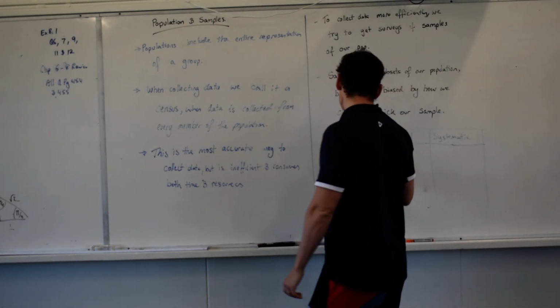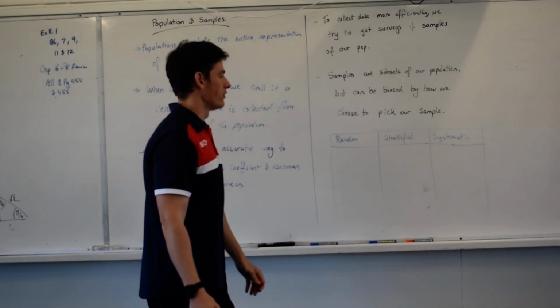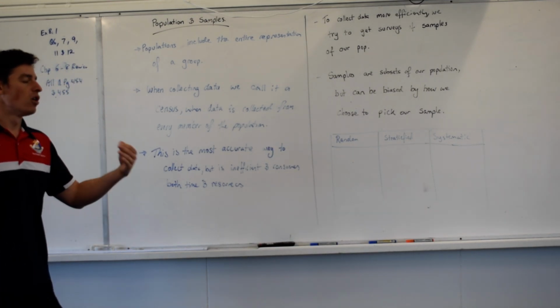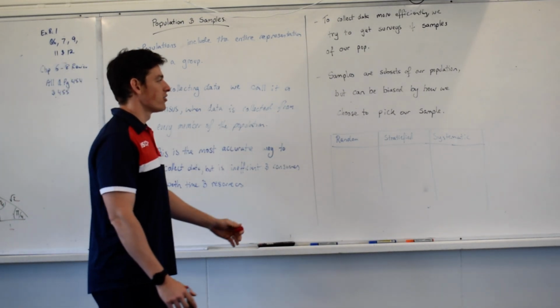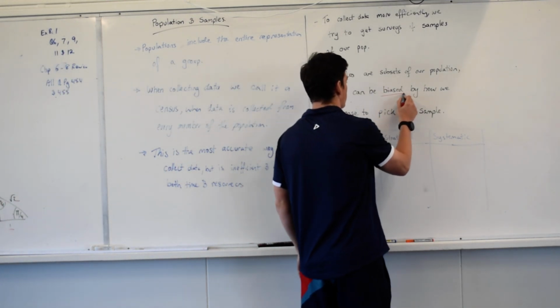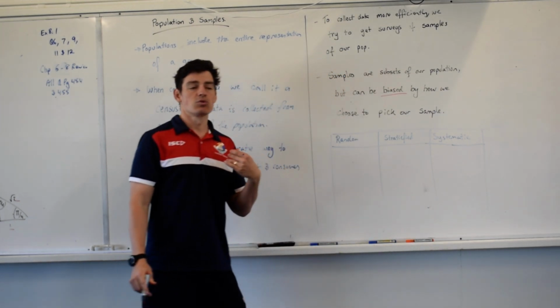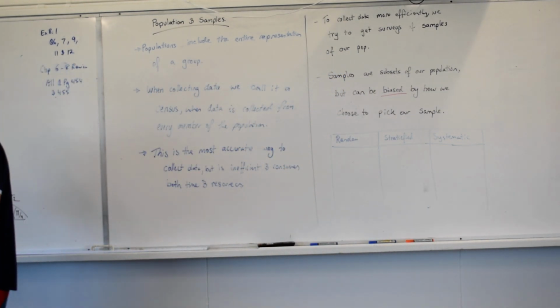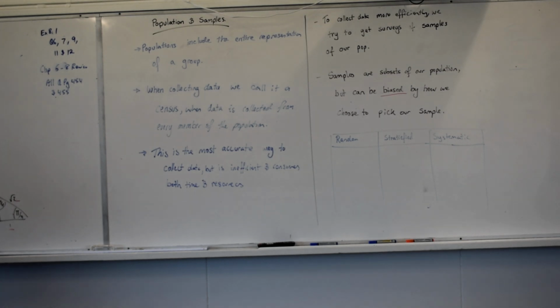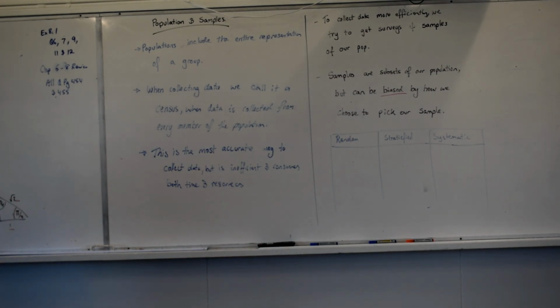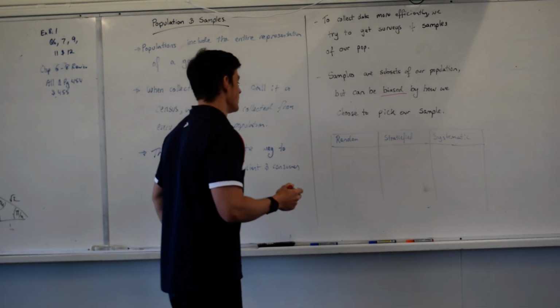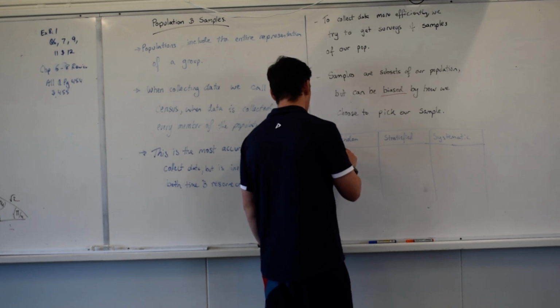There are three ways in which we can identify a sample, and we have to be super aware of bias. We spend a lot of time talking about bias, but bias is what prevents sampling from being appropriate or accurate or allowing us to do anything with it. So a random sample is just exactly that.